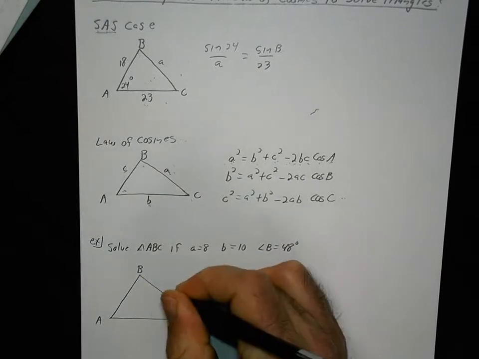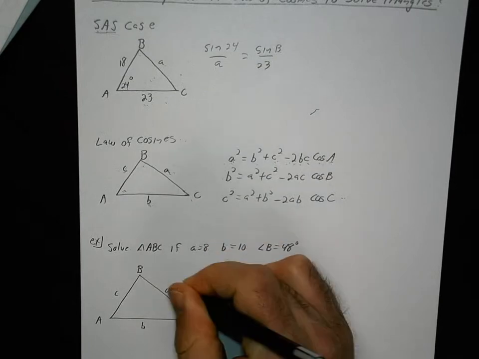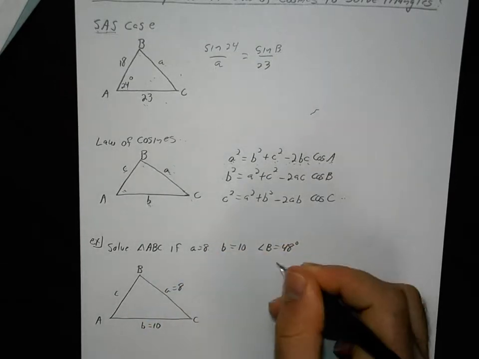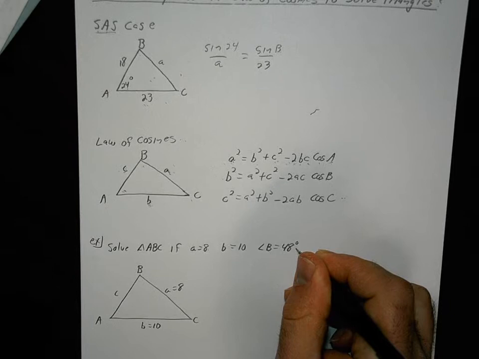Let's label that. A is 8, angle B is 48.